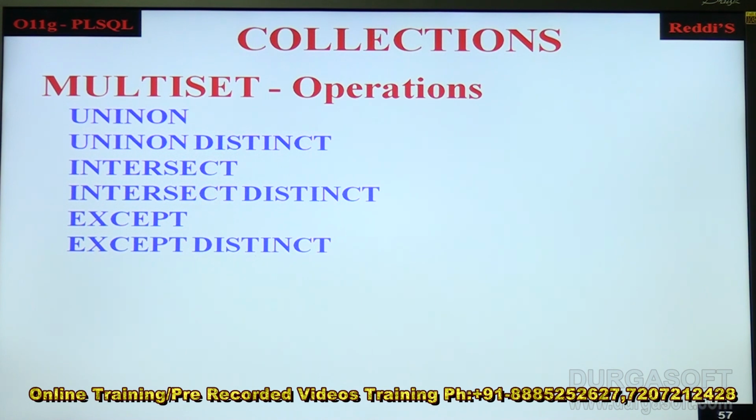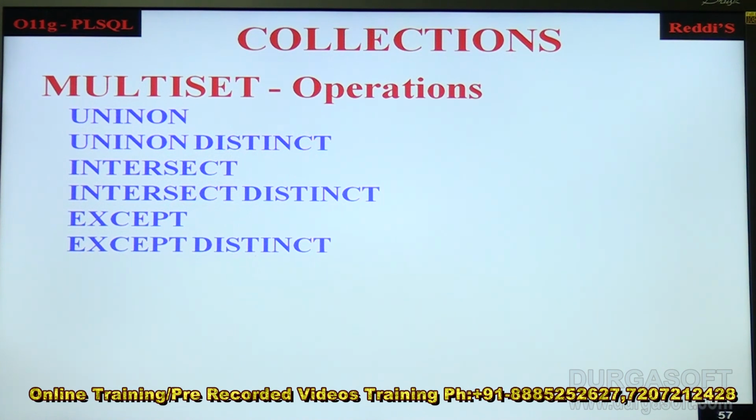This is equal to union all in the set operator, meaning this union will give duplicate values. That's why we have the distinct keyword along with union, intersect and except. When we use distinct, duplicates will be eliminated.